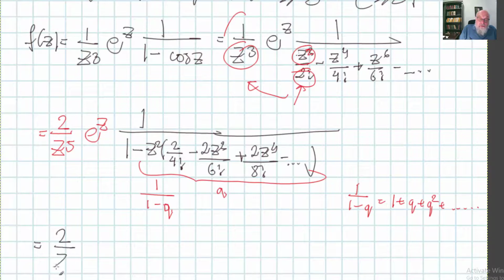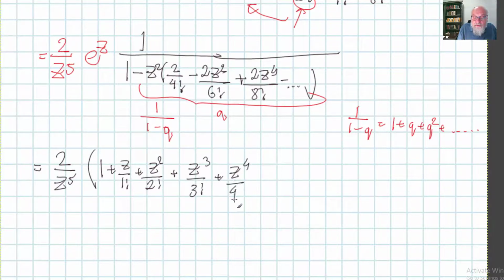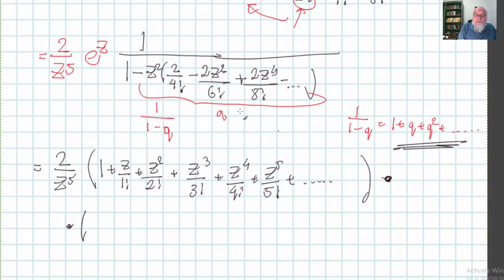So first of all, copy z to the power 5. Now, I also have here e^z, so this is 1 plus z to the 1 over 1 factorial plus z squared over 2 factorial plus z^3 over 3 factorial plus z^4 over 4 factorial plus z^5 over 5 factorial plus, close it, and then you multiply, and now I'm applying this particular power series.